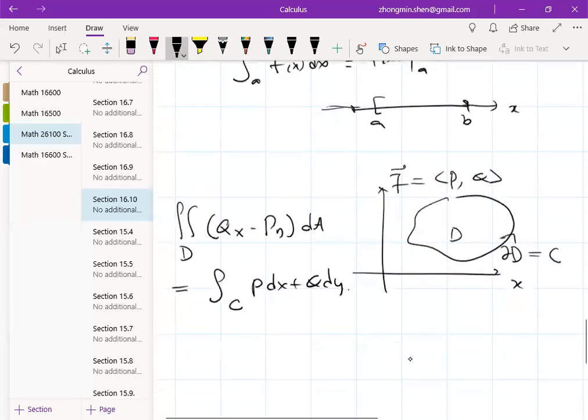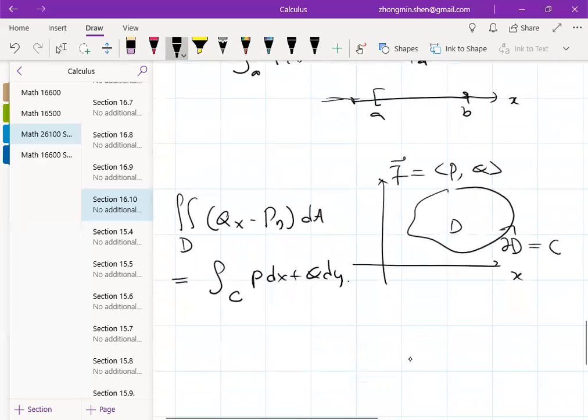But here, if you are given a double integral of F, how do you see whether F is equal to this for some P and Q? This is a very difficult problem.